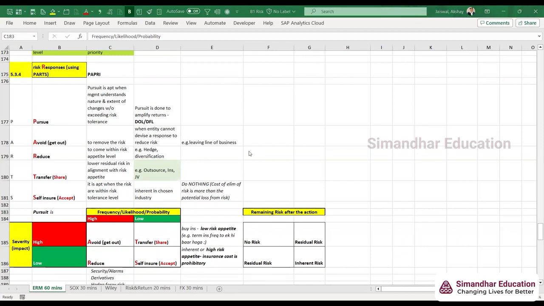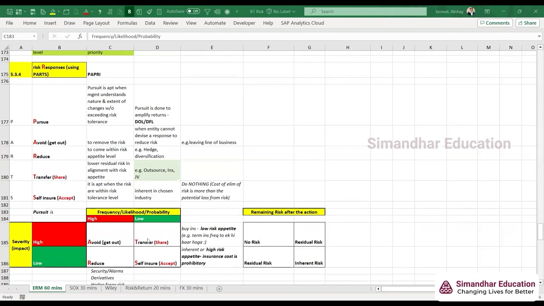So any natural disaster, be it flood or fire, any accident occurring, is low frequency. If it happens, will the impact be high or low? The impact will be high, right? Whenever it happens, it will destroy a lot of things, correct?